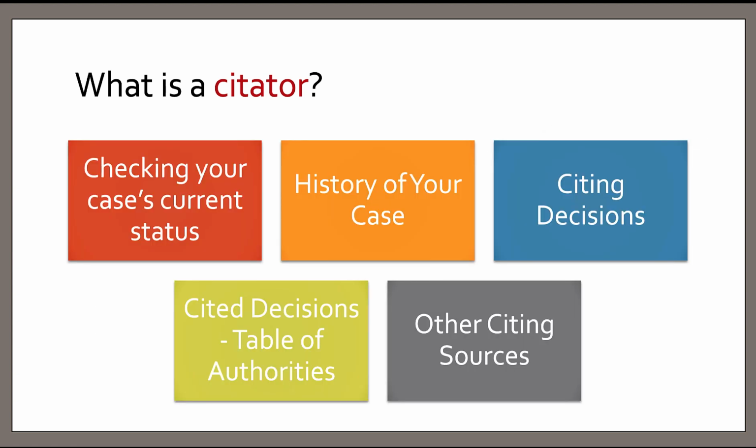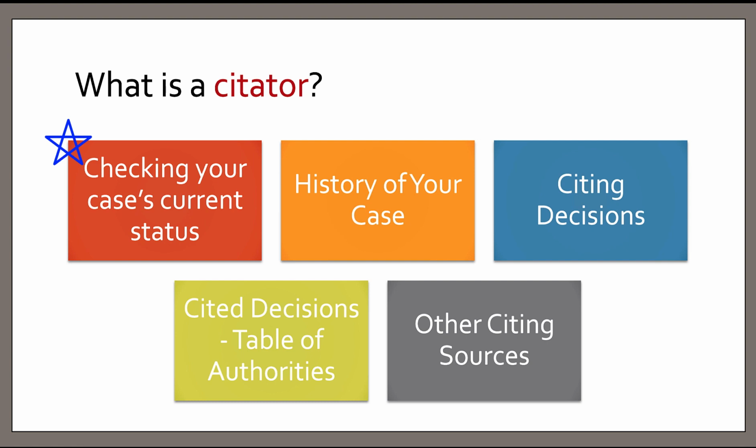Citators, also known as citation indexes, perform three basic functions. Most importantly, they are used to update your case. Before you use a case in your research, you must refer to a citator to see whether your case has been overturned, called into question, or is still considered good law by later cases.